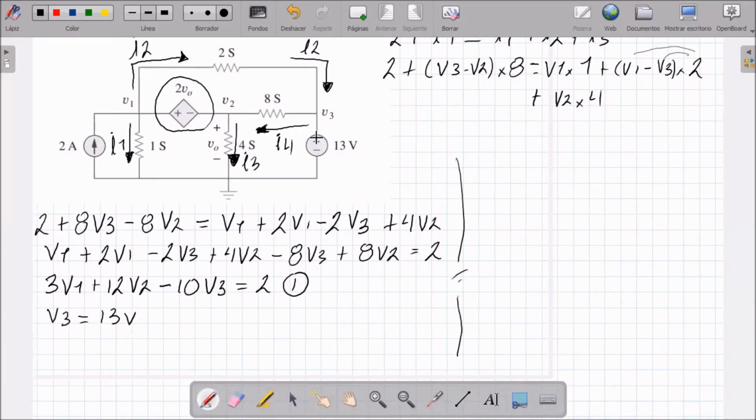I'm going to do it here. So instead of putting the resistance from this point, I put the voltage between that point and that point, which would be V1. I can replace it as if it were a voltage source, which I will call V1. Next comes the dependent source, and that dependent source would be 2 V0.